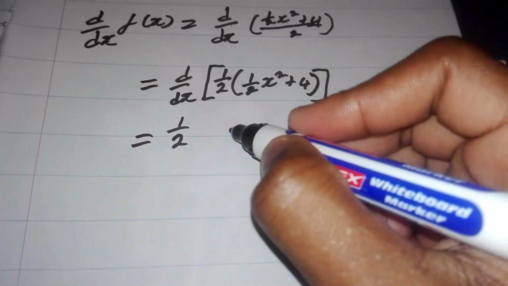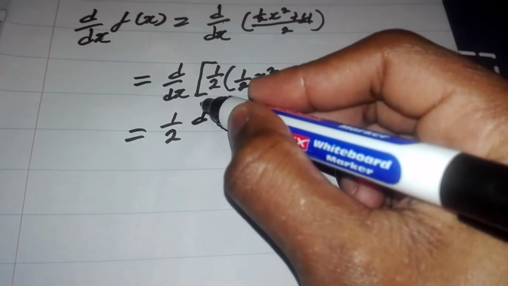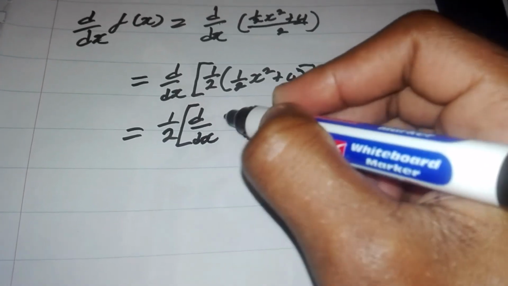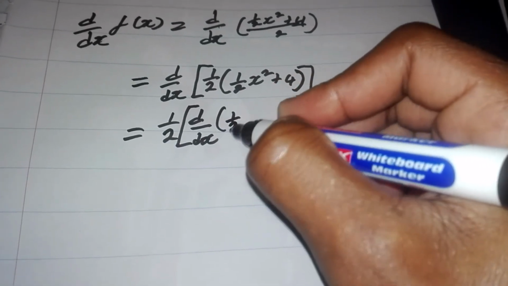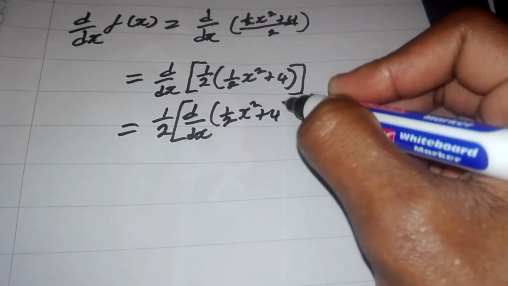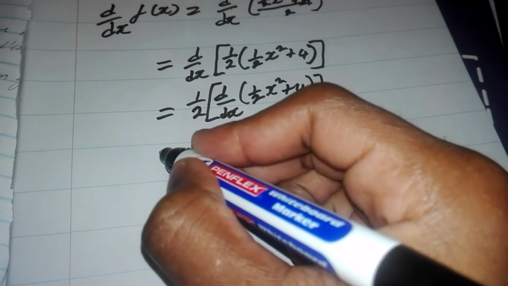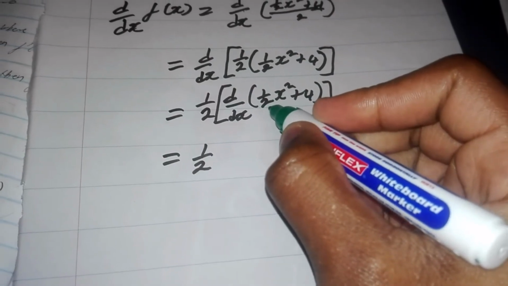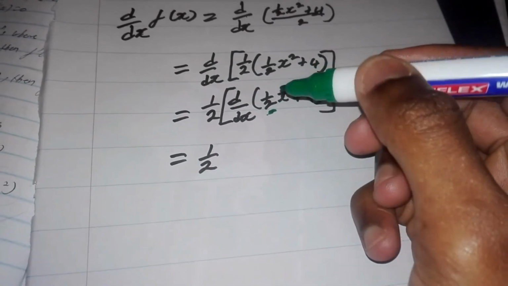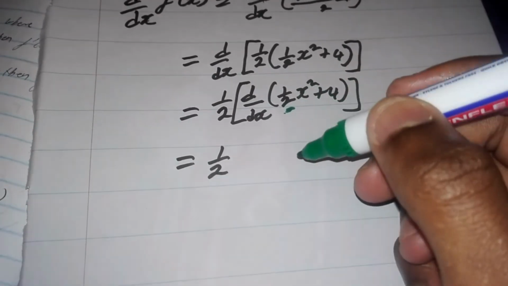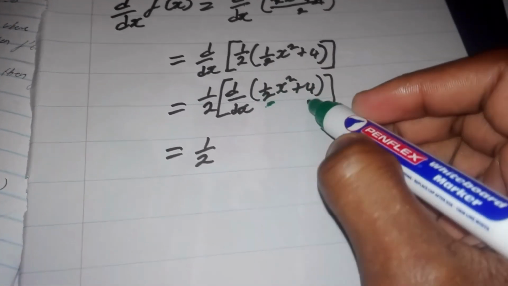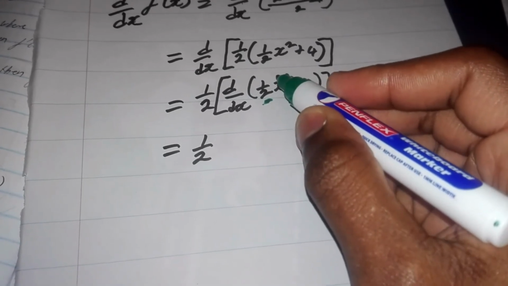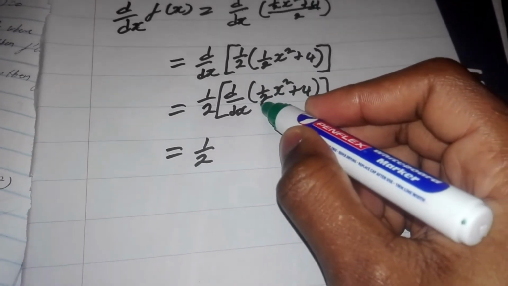So we're left with 1 over 2 x squared plus 4. So here we have 1 over 2, and again this 1 over 2 is C. We can still take it outside, but not outside of this whole thing, outside of when we differentiate this portion.